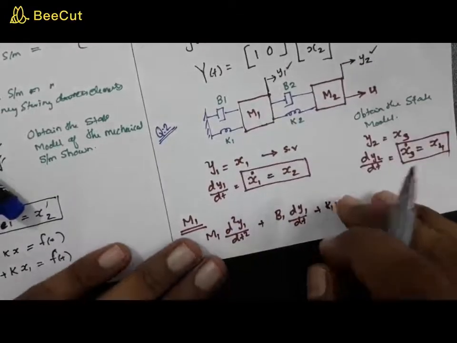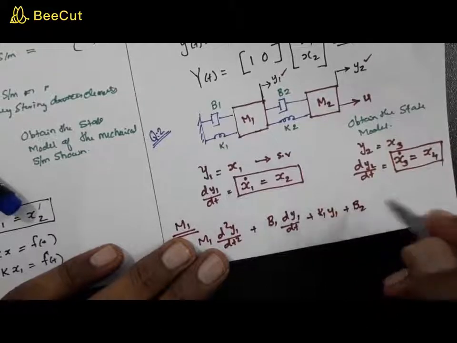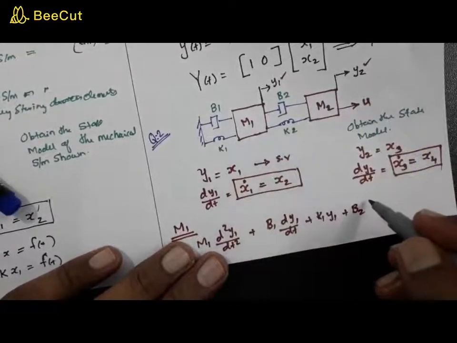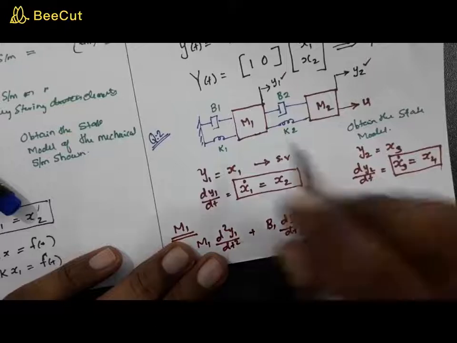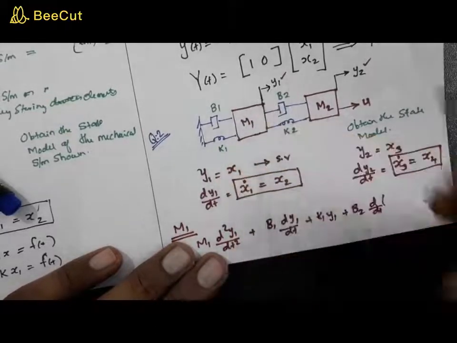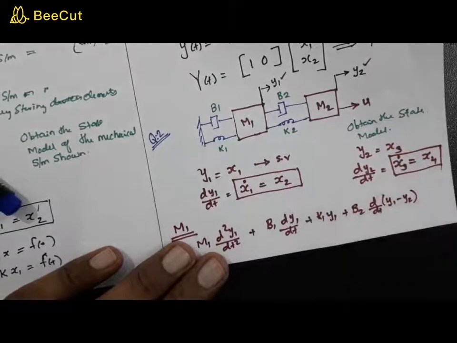Then plus, what about b2? Now b2 is in between two displacements, so this must be what? This must be into d by dt of, since you're writing the equation for mass 1, y1 is dominant, so this must be y1 minus y2, right?